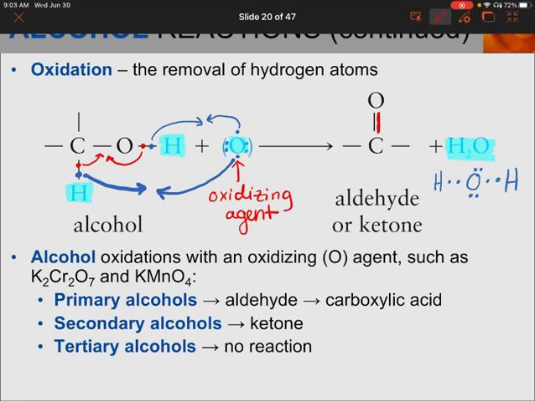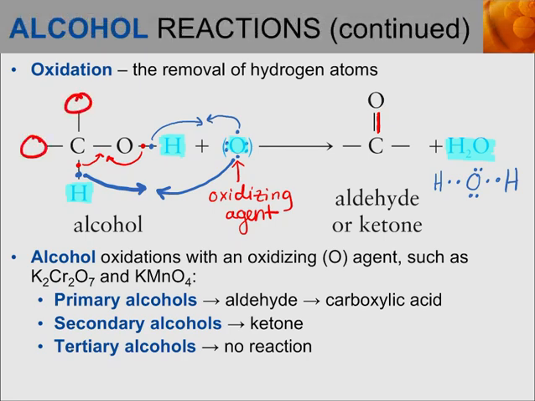So depending on what's bonded here and here on our original alcohol, we could end up with either an aldehyde or a ketone. And we'll look at some specific examples in a second. So you might be wondering, okay, what are oxidizing agents and what are we actually using? So typically oxidizing agents are either K2Cr2O7 or KMnO4.